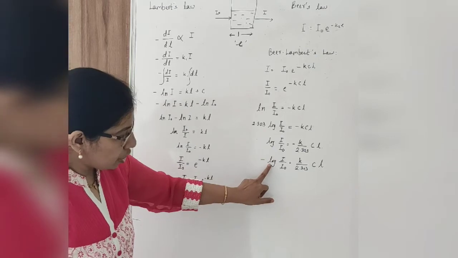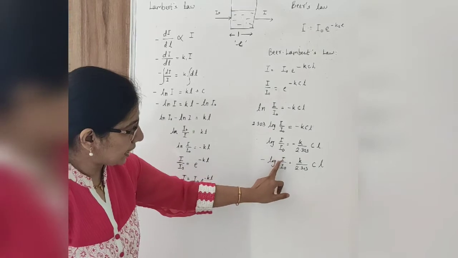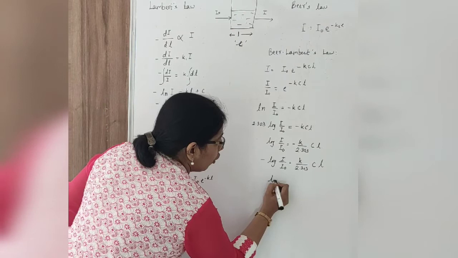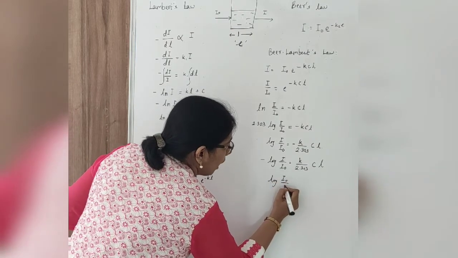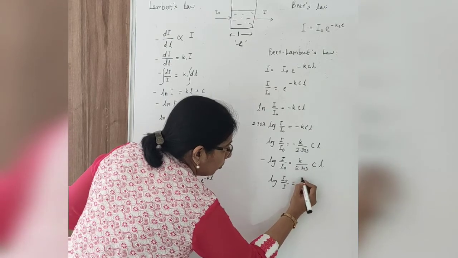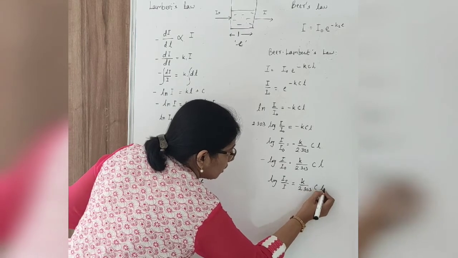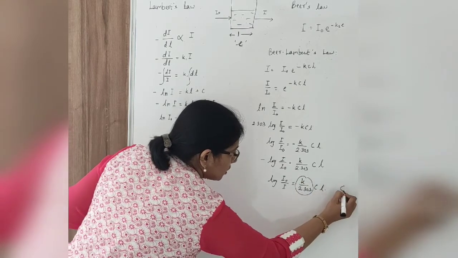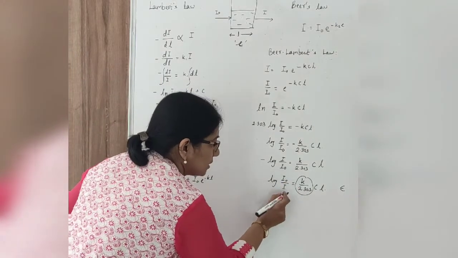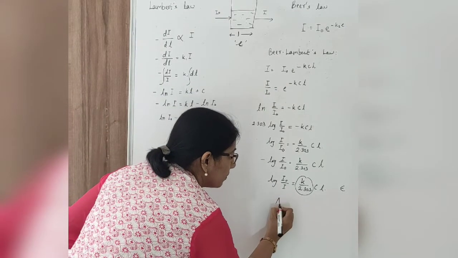Minus log of I upon I0, taking the minus 1 as the exponent of I upon I0, we can write as log of I0 upon I is equal to this K upon 2.303 times Cl. This constant is known as epsilon, and this term log of I0 upon I is called absorbance.